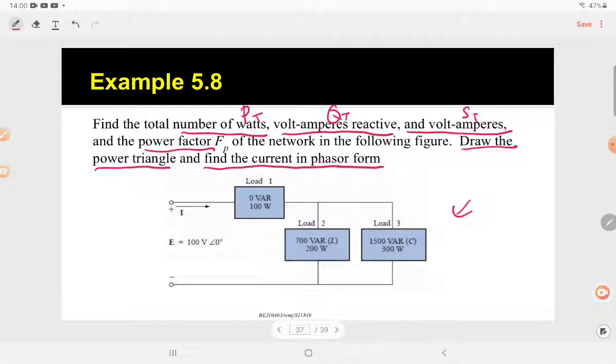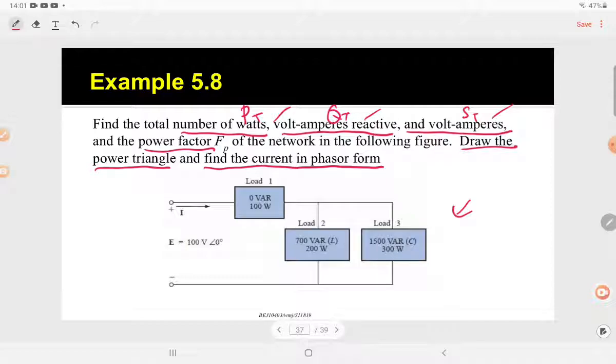So first, we need to find PT, QT, and ST, and also the total power factor. After that, we need to draw the power triangle and also find the current in phasor form, right? So this is the circuit. You have three loads, which are load 1, load 2, and load 3.